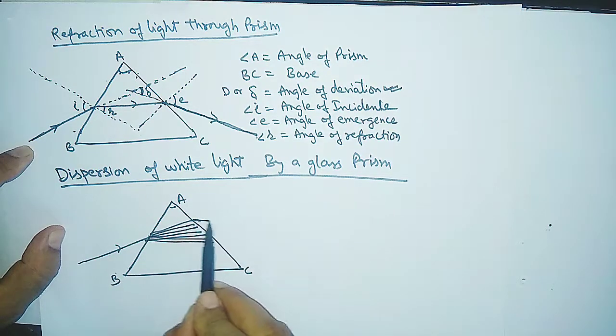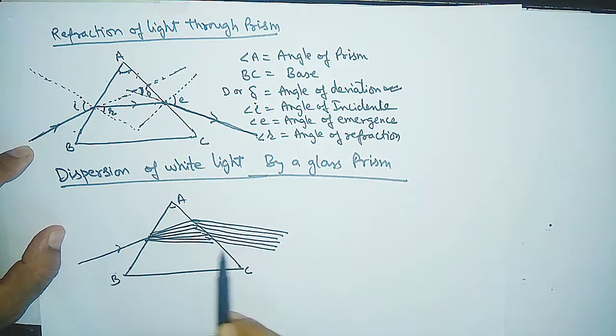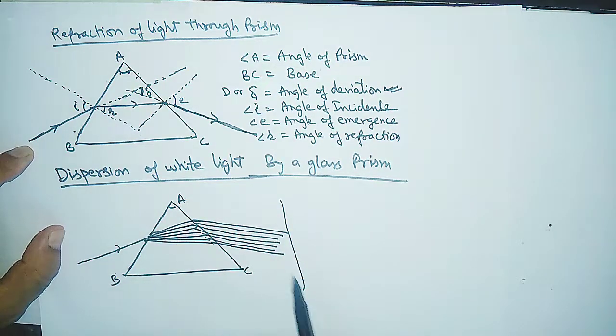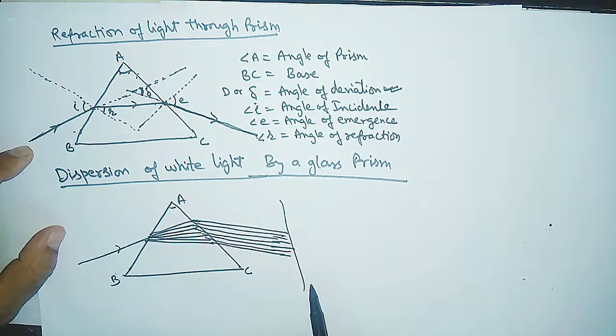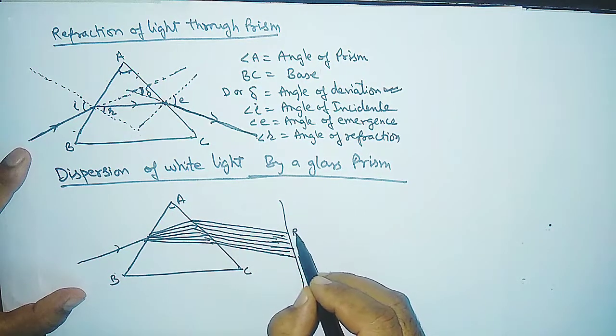Okay, and we get a band of the 7 colors on the other side after refraction. So on the screen we find 7 colors. The lowest, most bent color is the violet and the uppermost is the red.